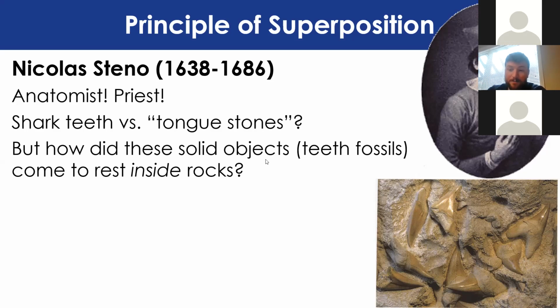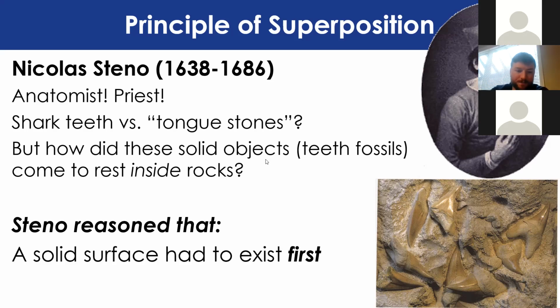Conversely, everything had to be soft before it turned to stone, right? So everything had to be present in that rock before it turned into a rock. So that's the idea of superposition.